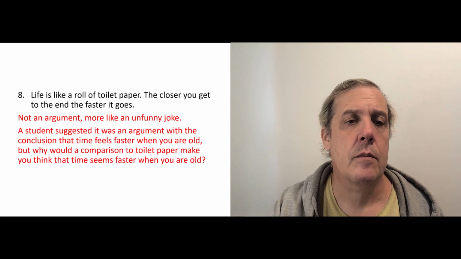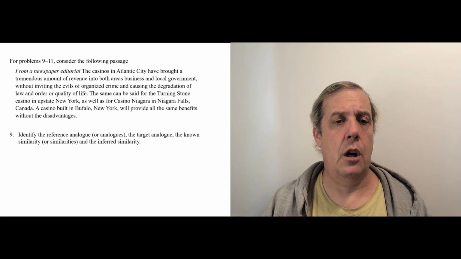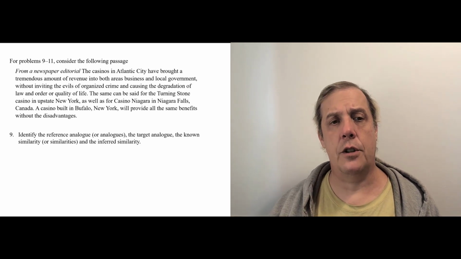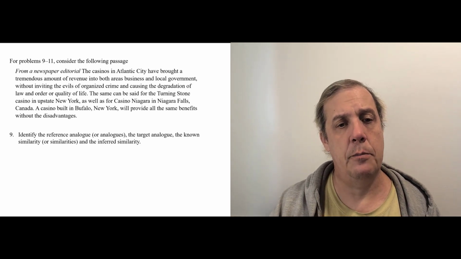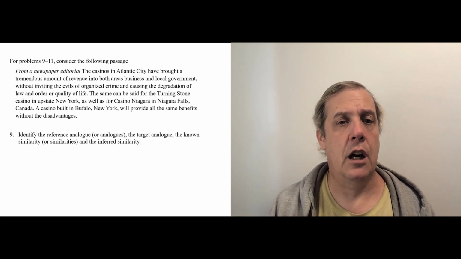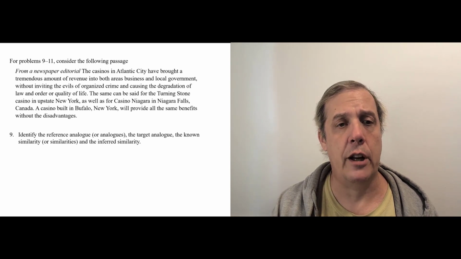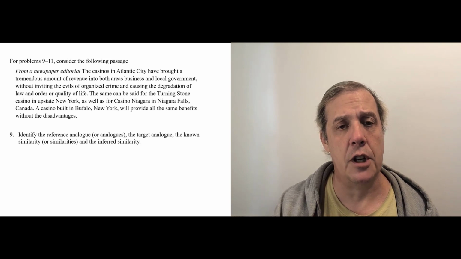Okay. The next problems ask you to do the full analysis for a single argument by analogy. The passage has you looking at casinos, and it says that casinos in 3 locations all brought in revenue without encouraging crime.